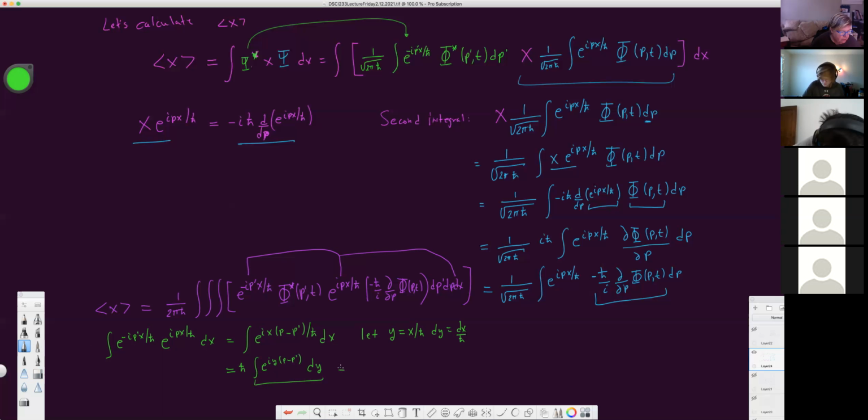This is equal to 2 pi times delta of p minus p prime. Oh, and I forgot my h bar. 2 pi h bar times delta of p minus p prime, because this thing is a delta function.